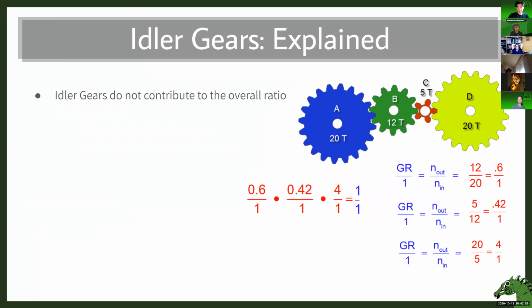Then there's another ratio less than 1, so the speed is going to increase once again, with 0.42. But once you get to the last gear here, C, you're going to have a ratio of 4, so it's going to reduce the speed. I'm talking about speed right now, but you could think about it as torque too.